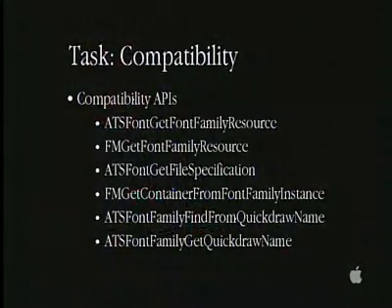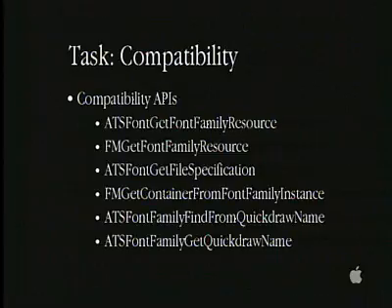Another major task to worry about is compatibility. How do I take the things I've been working with in QuickDraw, with macOS 9, with CarbonLib, and bring them over so that they work seamlessly with macOS 10? For example, I'm used to getting the font resource and pulling kerning information out of it. Well, as Mike mentioned, we now synthesize font resources for OpenType fonts.